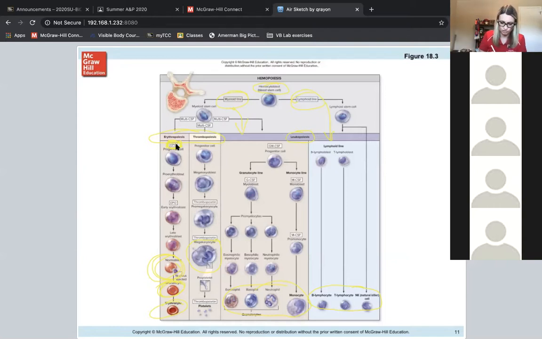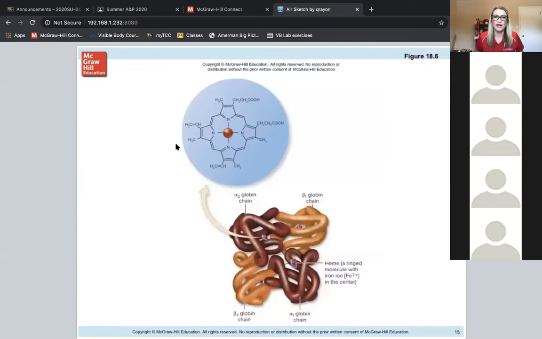Let's look at the structure of the hemoglobin here somewhere, okay? So hemoglobin looks like this, okay, there we go. And it's a protein that's made out of 4 chains. It has 2 alpha chains and 2 beta chains, globin chains. And each chain has one heme group with a porphyrin ring.